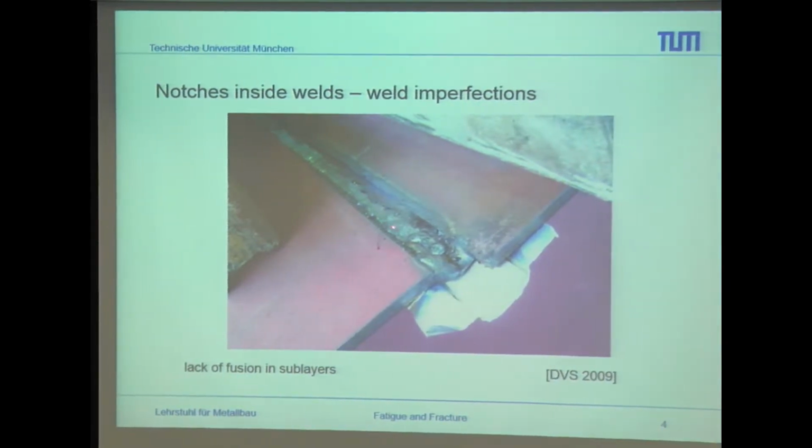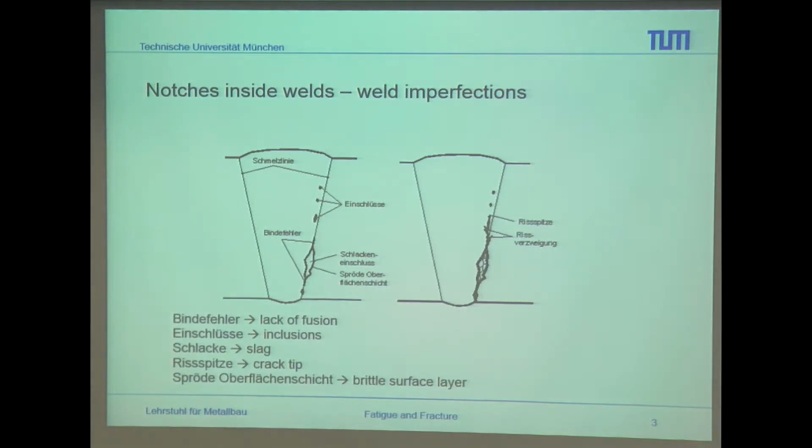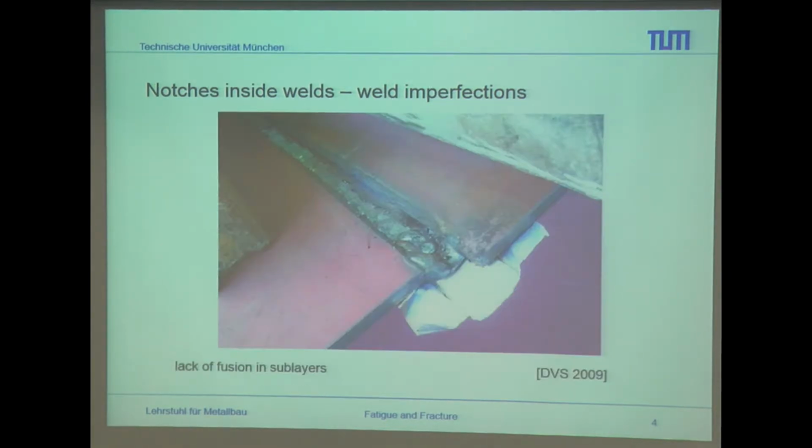And as you can see, due to the several layers, some binding or lack of fusion occurred in the sublayers. The layers are not properly welded, and so at the end you have a lot of mess inside your welded seam.